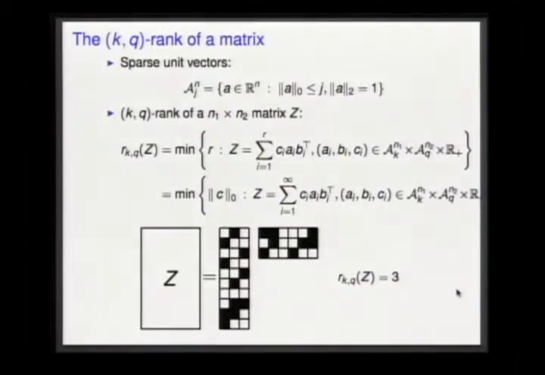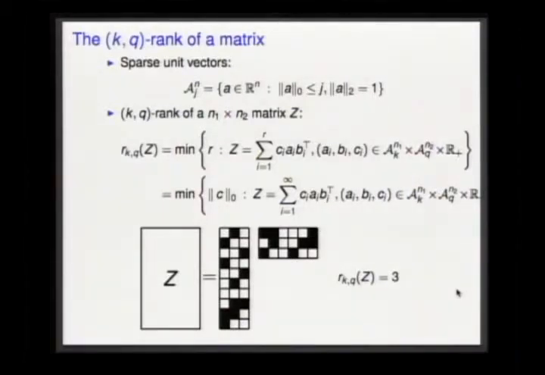And using this, we introduce the outer product of the sets A_{n1,k} and A_{n2,q} to build the set of atoms we are looking at, and we introduce what we call the KQ rank of a matrix. So it's a specification of the rank.